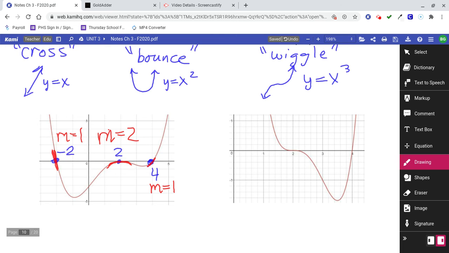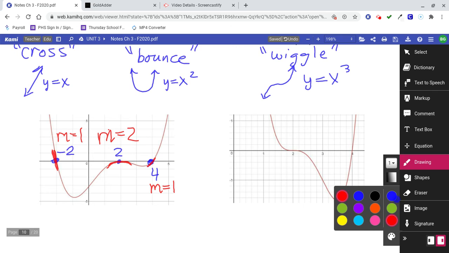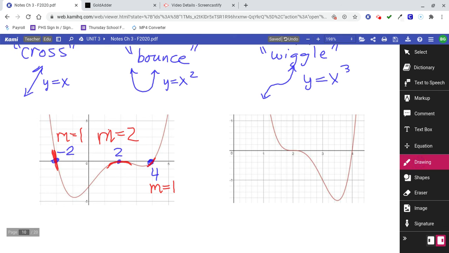If I had to factor, I can see that that first 0, remember the 0 value of -2, would come from a factor of x plus 2. Since it's a multiplicity of 1, I know I just have one factor of x plus 2. But then the 0 value of +2 must have come from a factor of x minus 2.